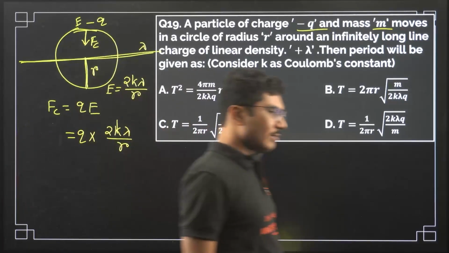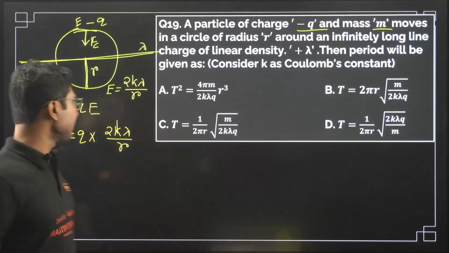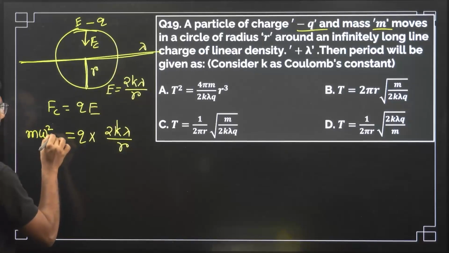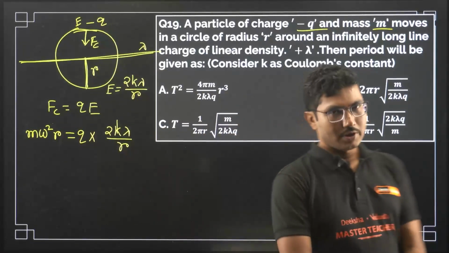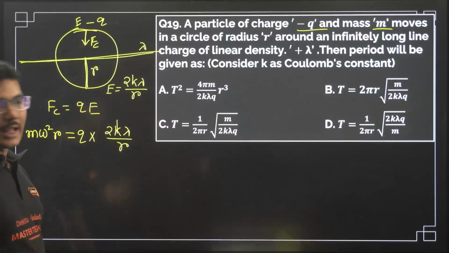Now there is one more formula given for centripetal force, which is m omega square r. This is another formula for centripetal force. So from this we will calculate omega and hence the time period.